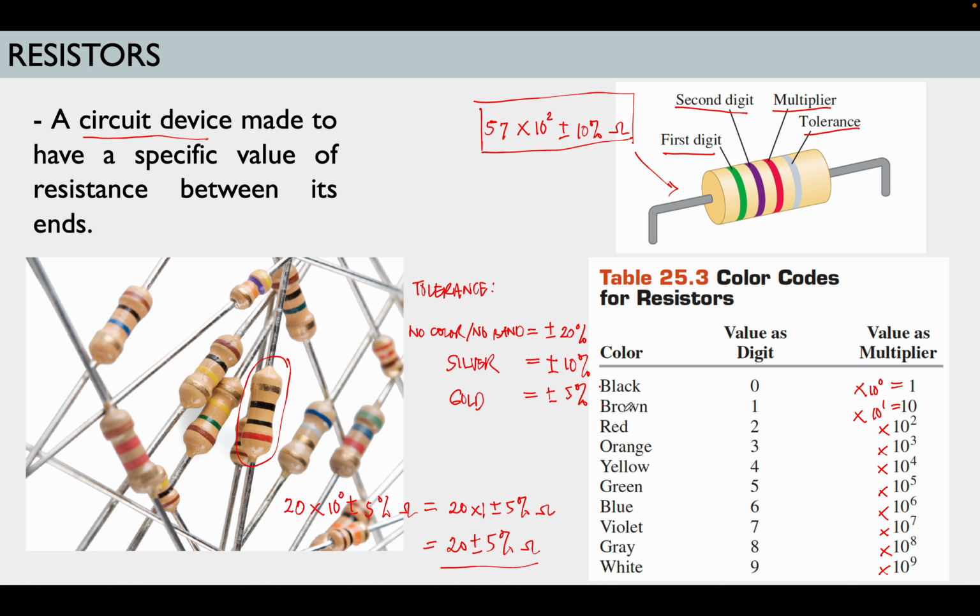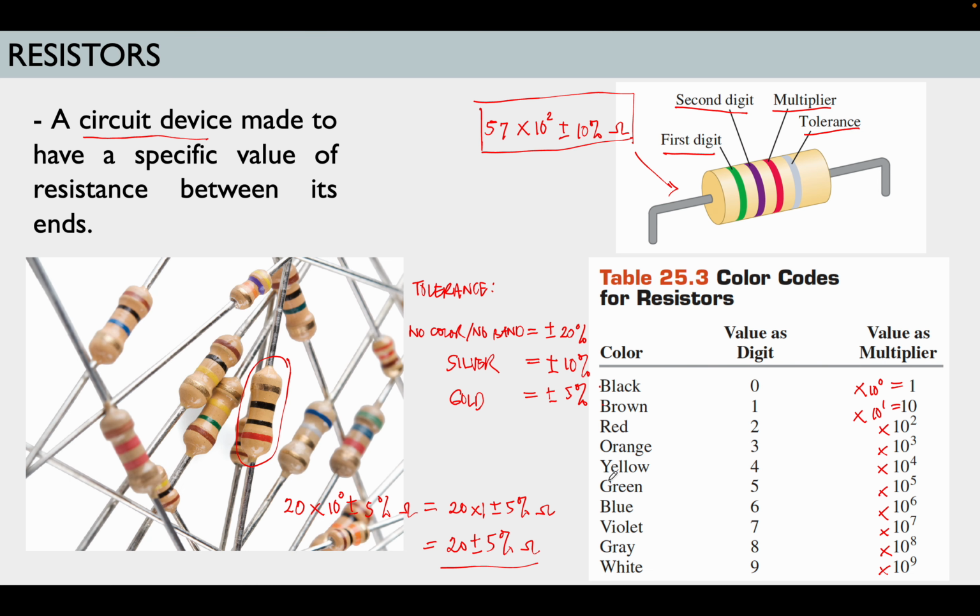So from black to white, the value as digit is from 0 to 9, as well as the multiplier. Again, when we say multiplier, times 10 to the power of 0 to times 10 to the power of 9.